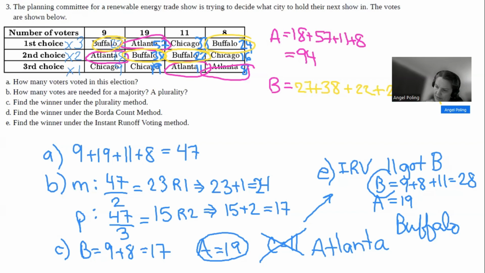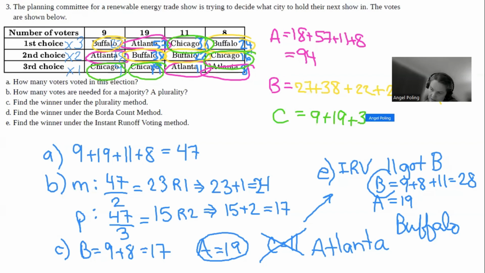And then for C, Chicago, we've got 9, 19, 33, and 16. That's a total of 77.